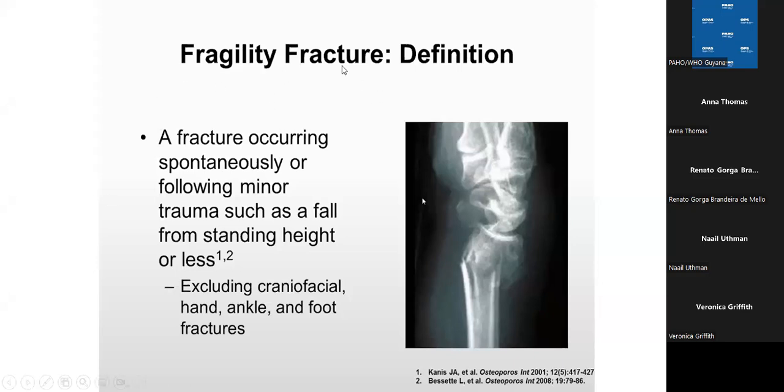Fragility fracture is defined as a fracture occurring spontaneously or following minor trauma, such as a fall from standing height or less. This is what was previously called osteoporotic fracture.